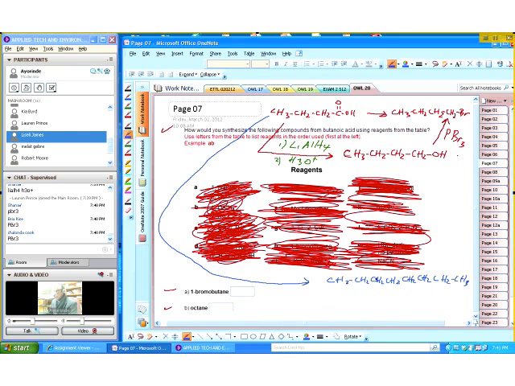So we have 1, 2, 3, 4, 5, 6, 7, 8. So that is what they want us to do.